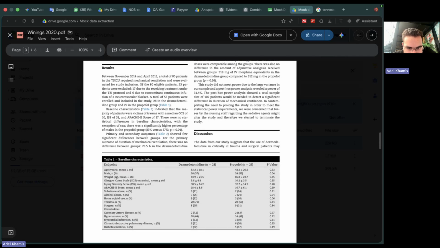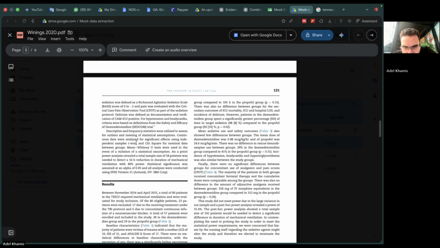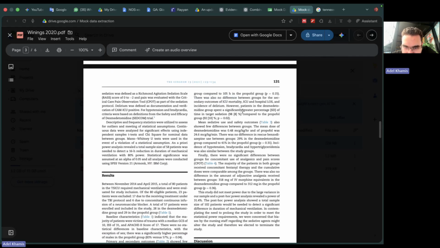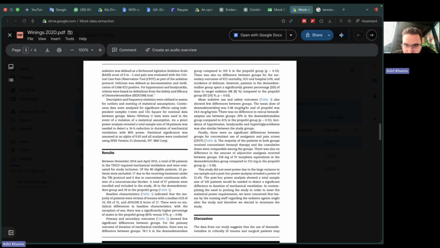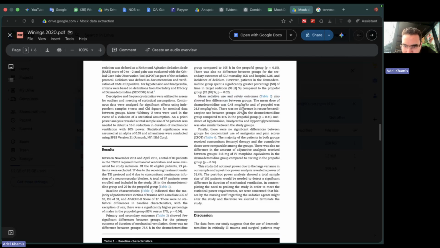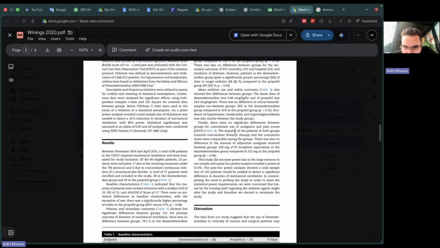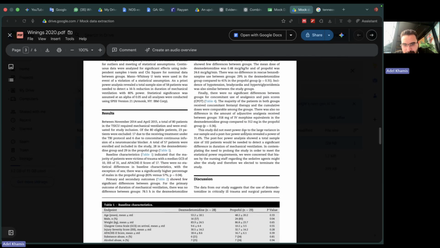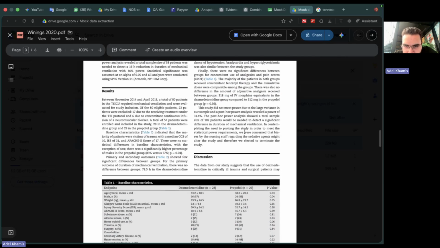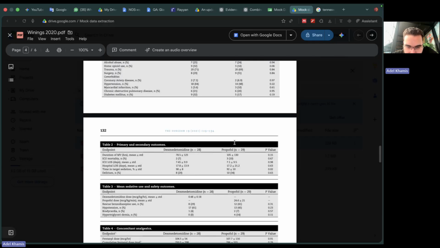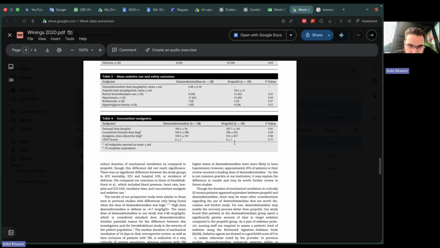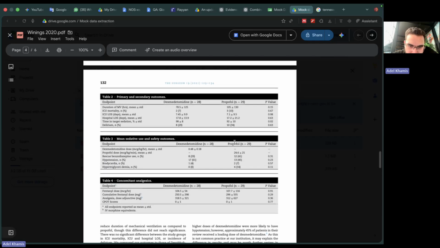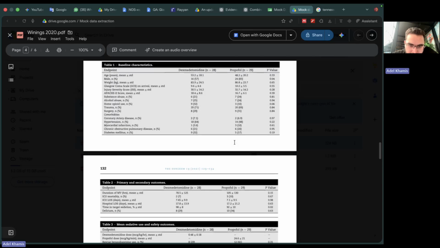I just want to make sure, because of course, if I'm working on this paper in real life, I wouldn't be skimming it. I would be reading it with full attention. So there is no information about baseline characteristics.